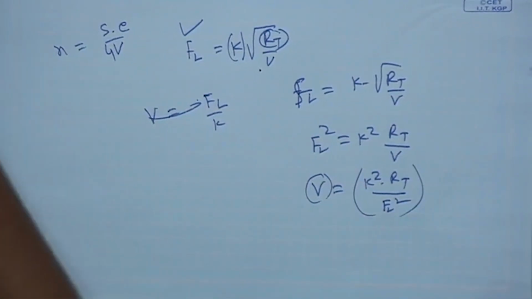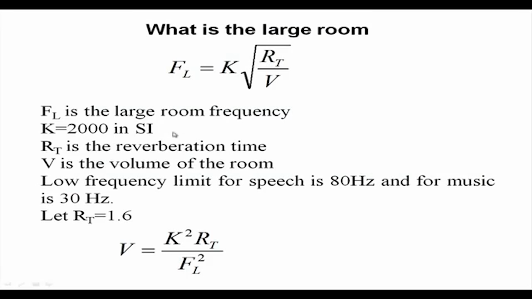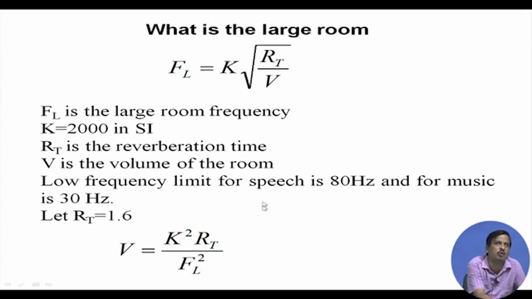The value of K is 2000 in SI. So V is K squared RT divided by FL squared. Suppose I want to design an auditorium for speech, then FL is 80 hertz. If it is for music, then FL is 30 hertz. If the volume supports 30 hertz, that volume will support high frequency also.